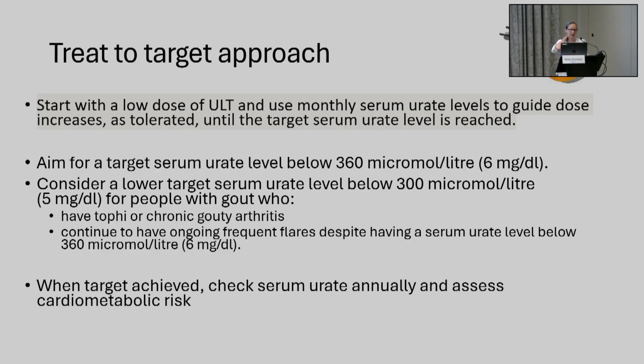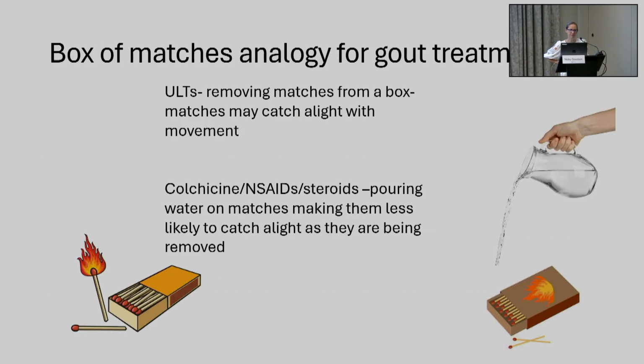So target level of 300 micromoles per litre for people with gout who have chronic gouty arthritis or have recurrent attacks of gout. And I think EULAR made the recommendation that the urate level can be at 360 micromoles per litre in stable patients. So when the target's achieved, we would recommend an annual review to check the urate stays at that target level, but also use it as an opportunity to assess cardiometabolic risk factors.